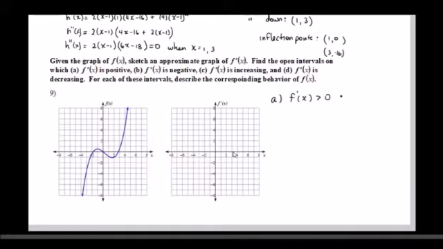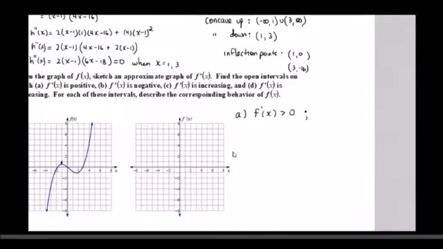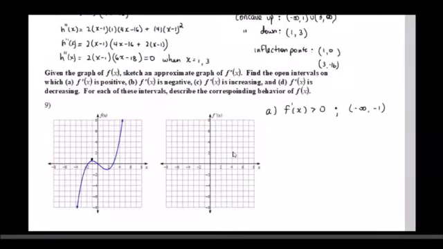Looks like if we say that's the top of it right there, it goes from negative infinity to about negative 1. And then this other part of the graph here, let's say it's about right there where x equals 2.